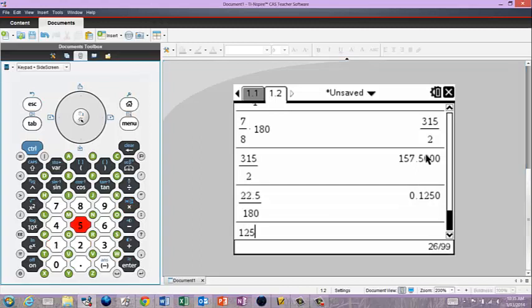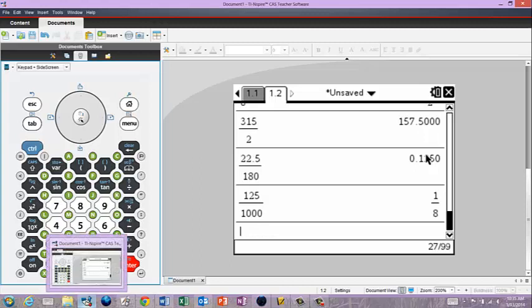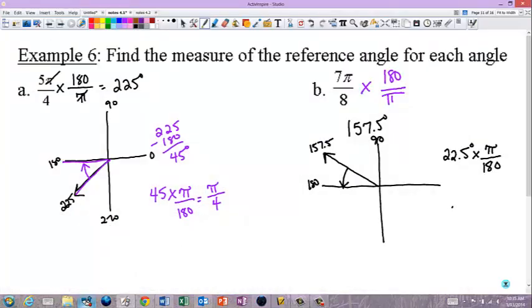Do 125 over 1,000, and you get 1/8, because it's in the third decimal place. I'll get back with you on how to convert to a fraction. I'm not 100% sure how to do that. So pi over 8. Now if you notice, with the radians, something nice occurs. Very, very nice.